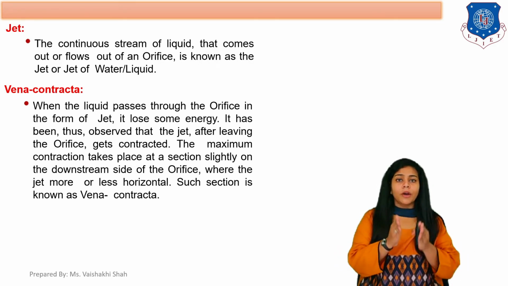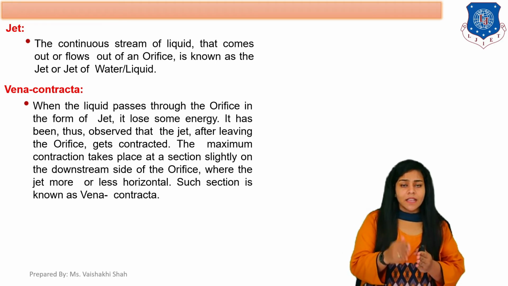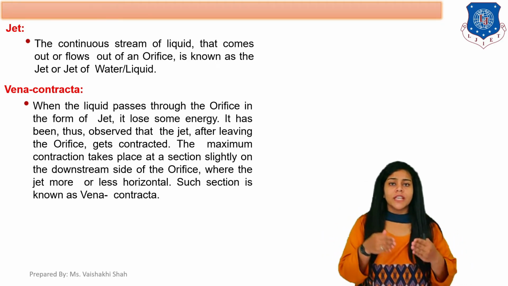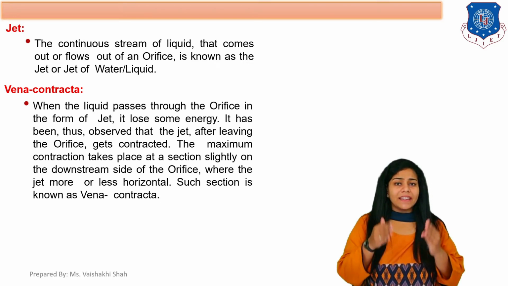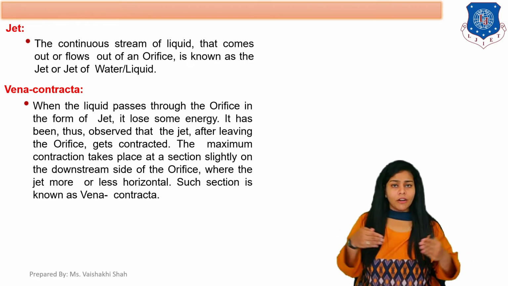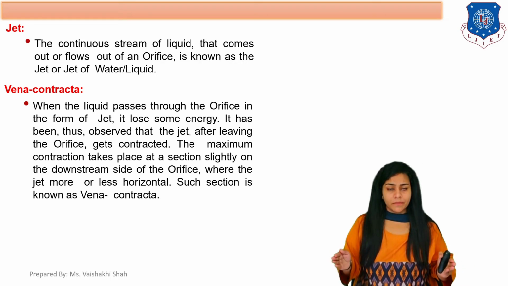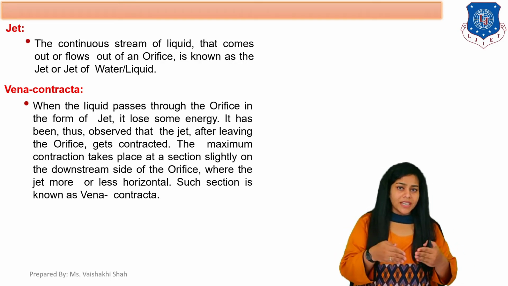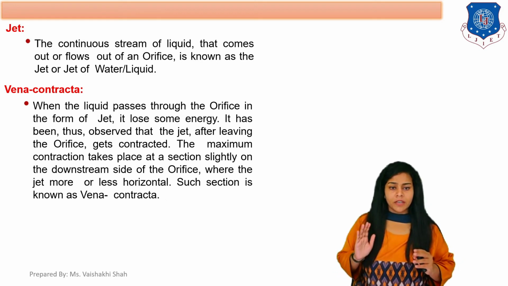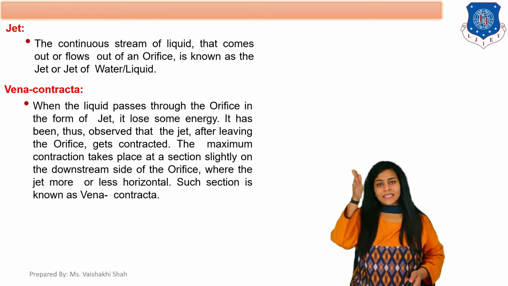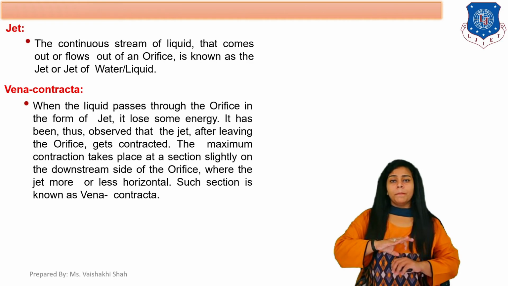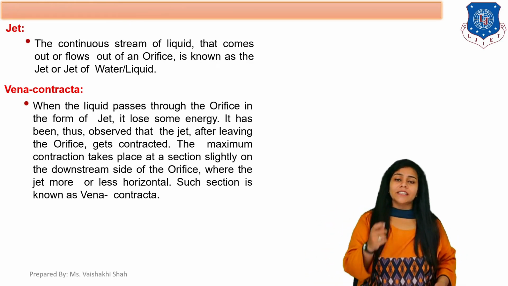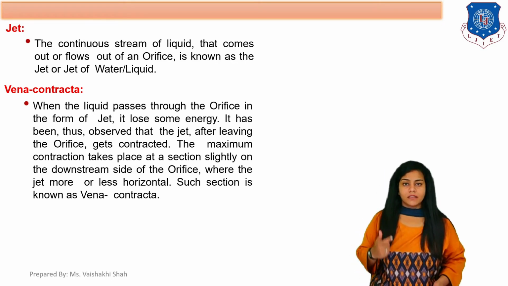So the volume of the jet decreases. At one particular point, the contraction of the water jet is maximum. That section where the maximum contraction of the water jet occurs is called vena contracta.